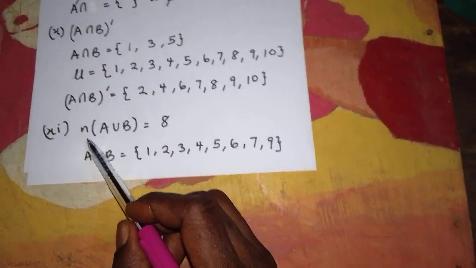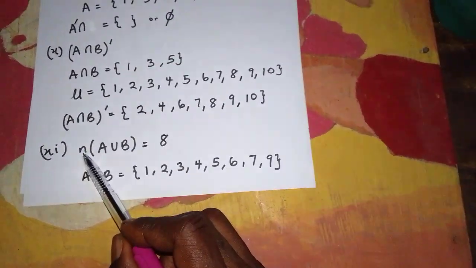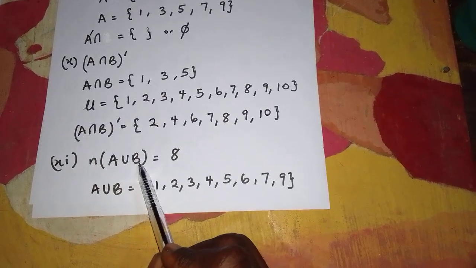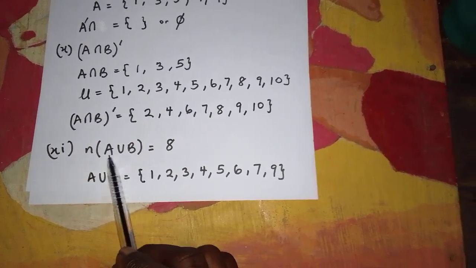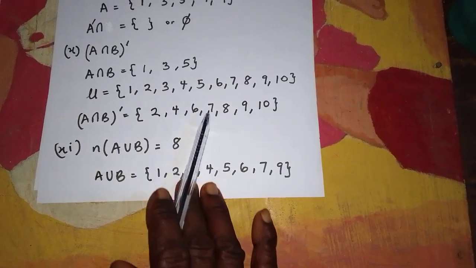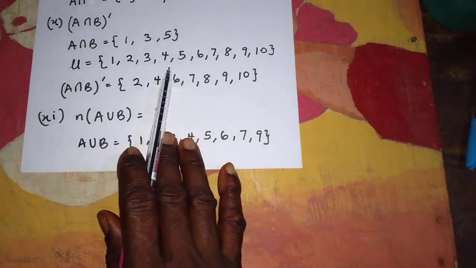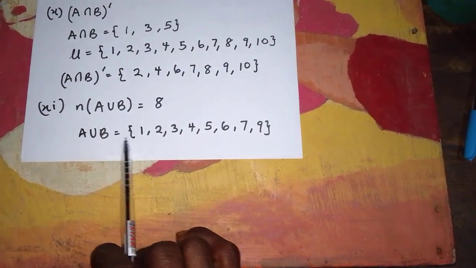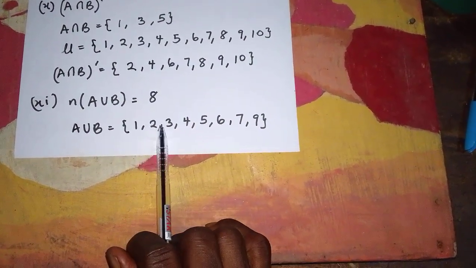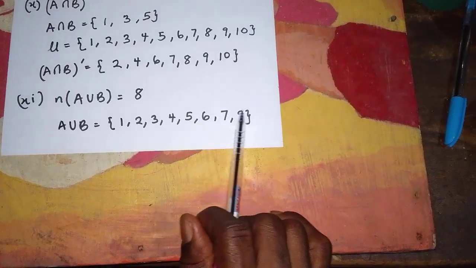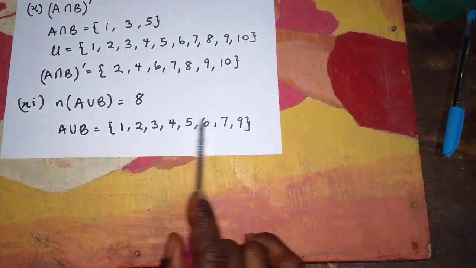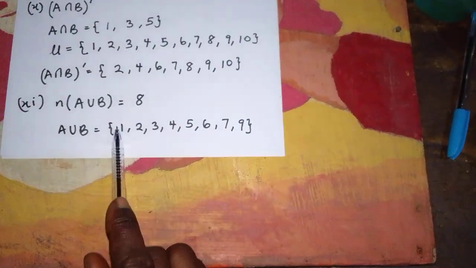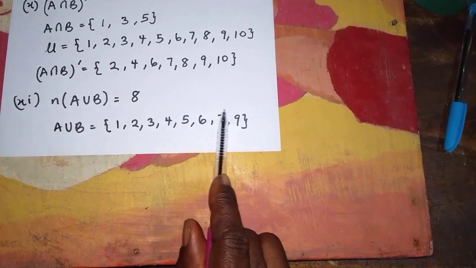Now here they say we should look for the number of elements in A union B. The other time when we combined A union B, we had 1, 2, 3, 4, 5, 6, 7 and 9. So how many elements are here? We have 1, 2, 3, 4, 5, 6, 7, 8.